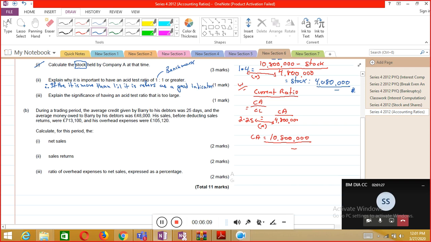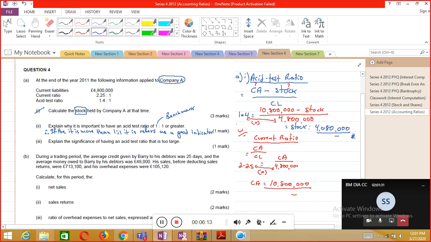So if your answer is more than this, for example, this is our answer, correct? 1.4 is already given in the question, and this is your benchmark, 1 to 1. So your 1.4 is more than 1, so that means good. This is a good ratio. If it is less than 1, that means it's a bad ratio. So that's why it is important.